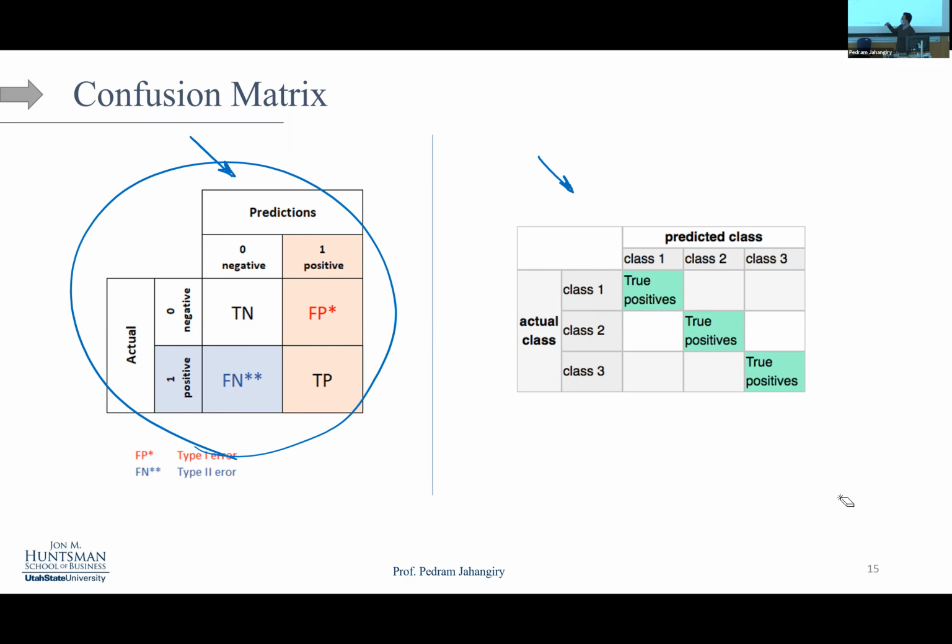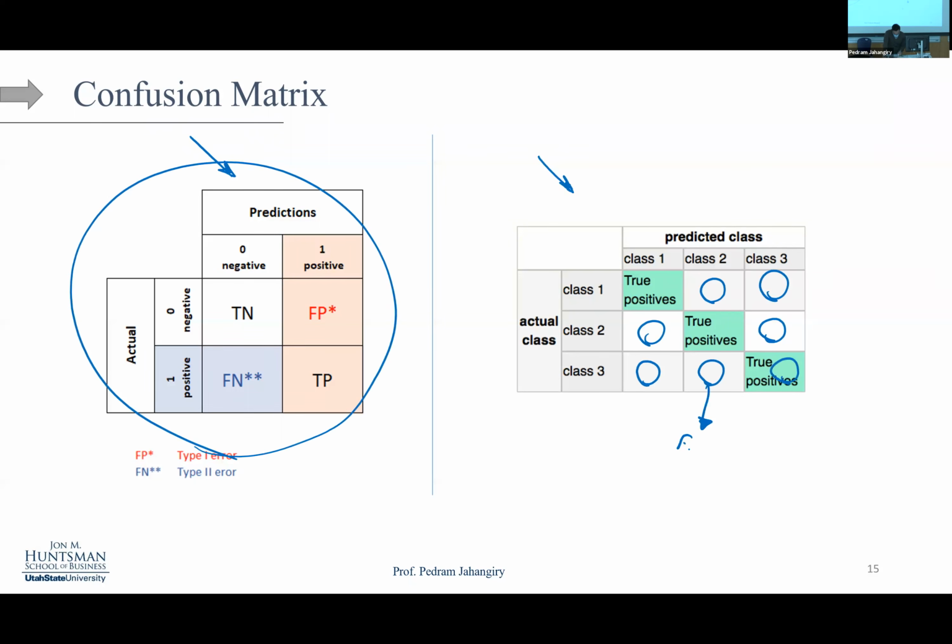So you have true positives, and the off diagonals are, for example, false class 1, false class 3, false class 2, false class 3, false class 1, false class 2, true class 3. Does that make sense? Maybe I was a little fast.